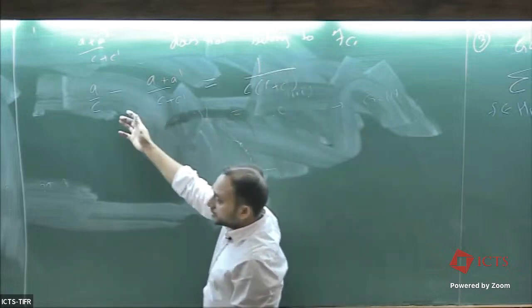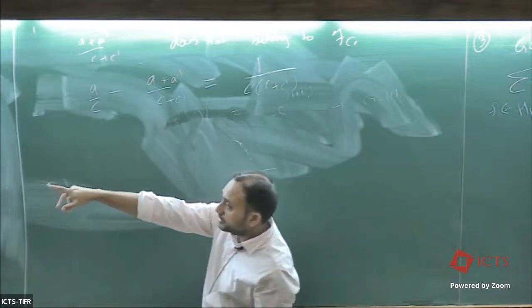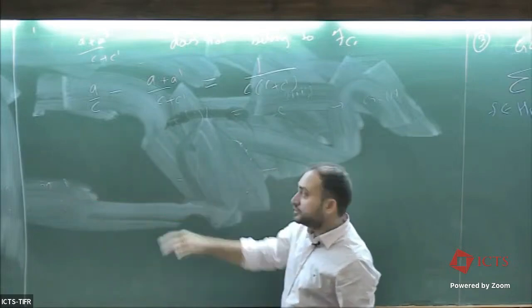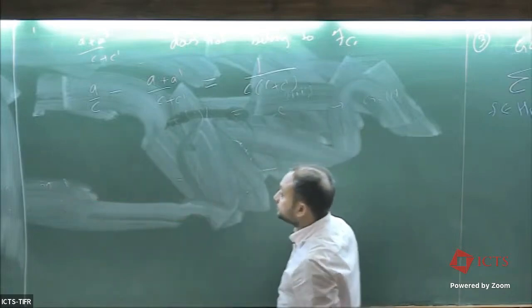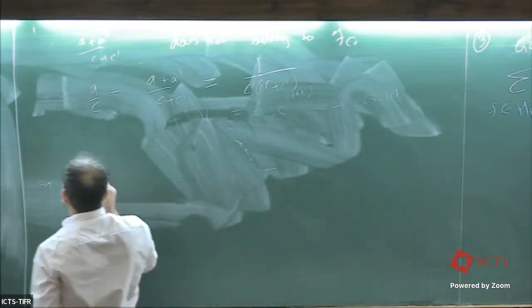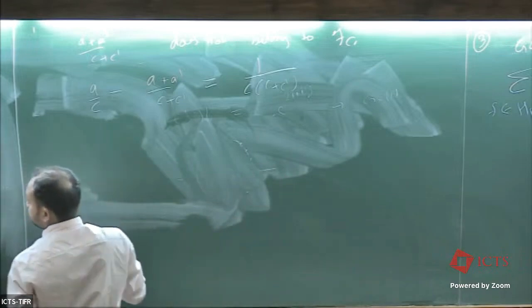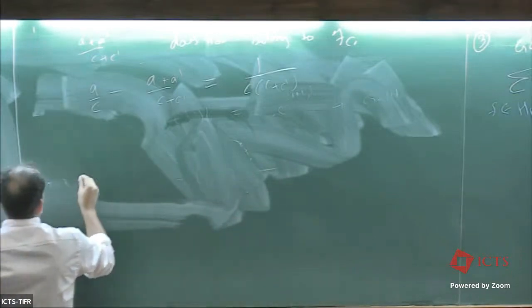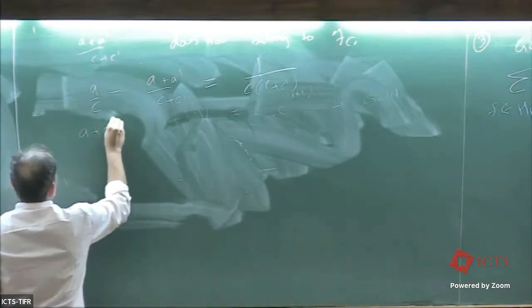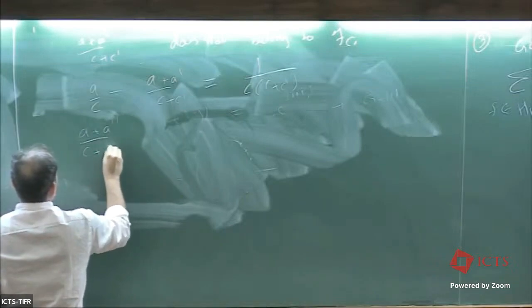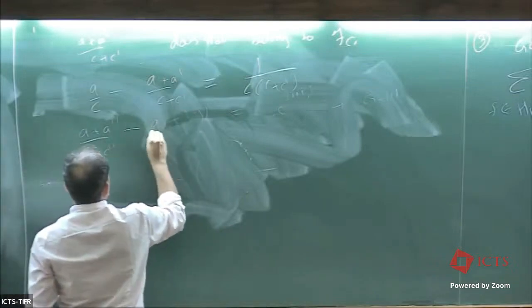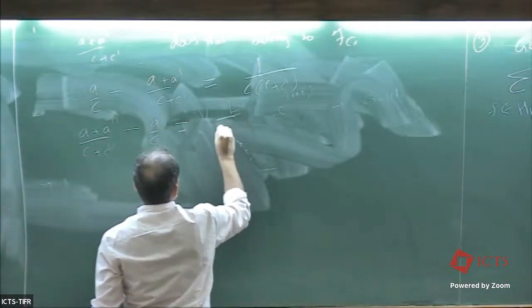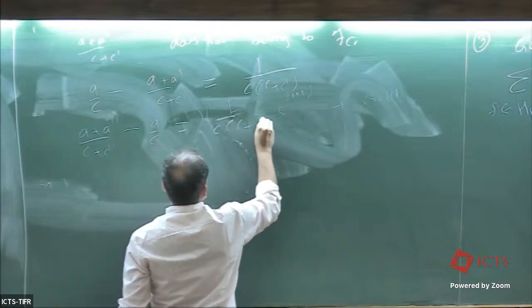Just take the common ratio and use the property that AC prime minus A prime C is 1. And the other one is A plus A double prime divided by C plus C double prime. This one with A by C will be 1 by C times C plus C double prime.